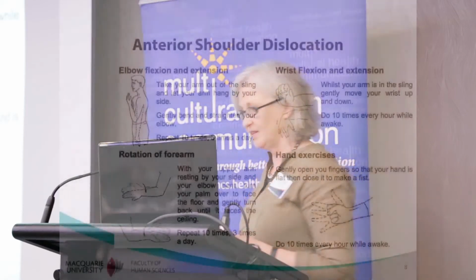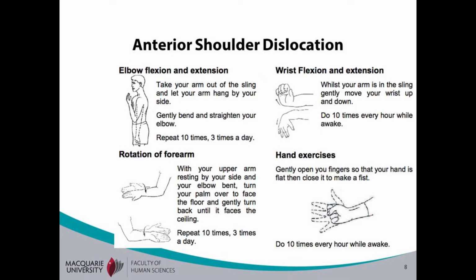I just put this little extract from the anterior shoulder dislocation flyer, which is already a bit of a challenge. I did actually have a link to it, but I don't think it's going to work.